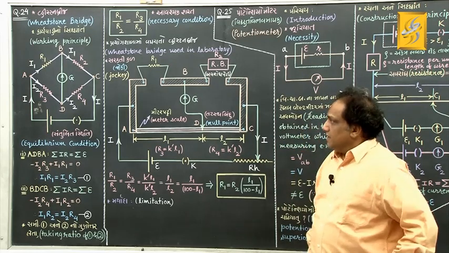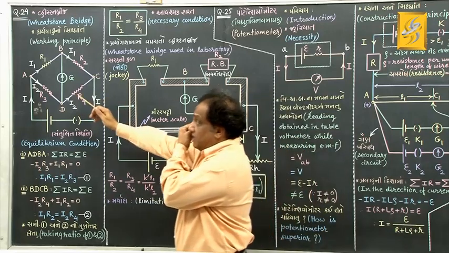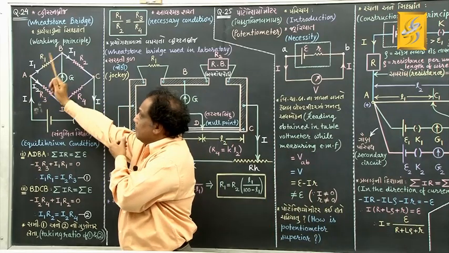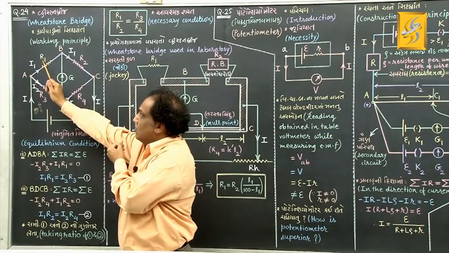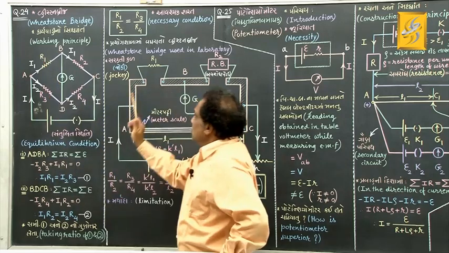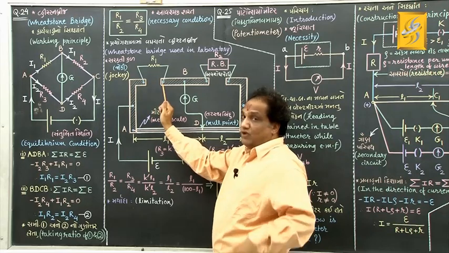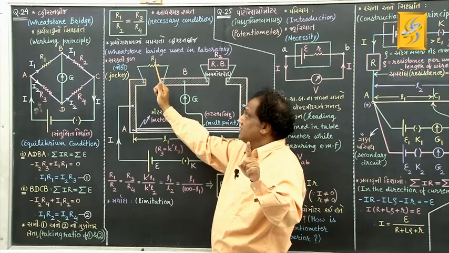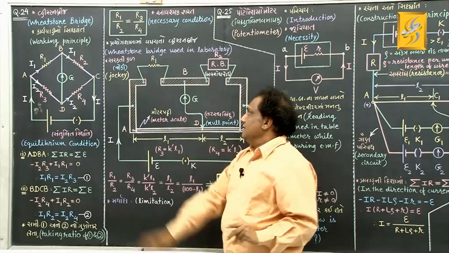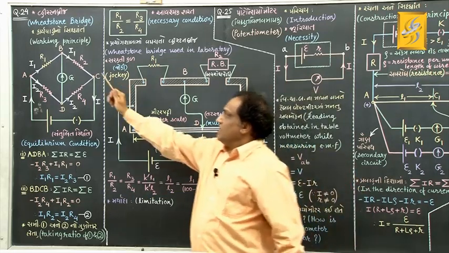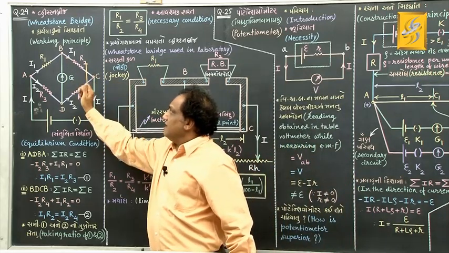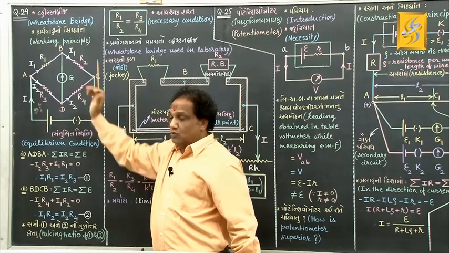Now tell me, what do you find between A and B? Between A and B you will find unknown resistance R1. So this is point A, this is point B, and between A and B we connect the unknown resistance R1. Then between B and C, it is known resistance R2.